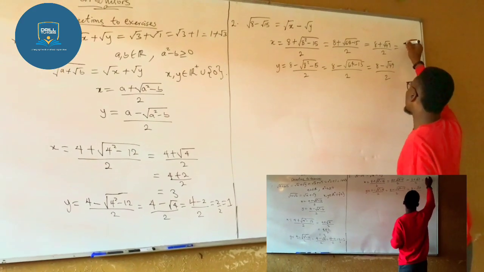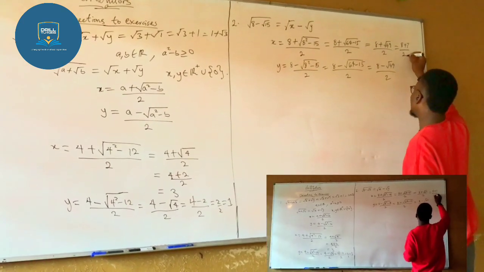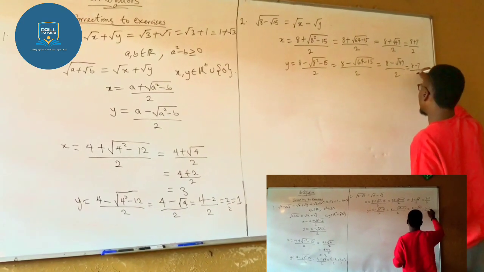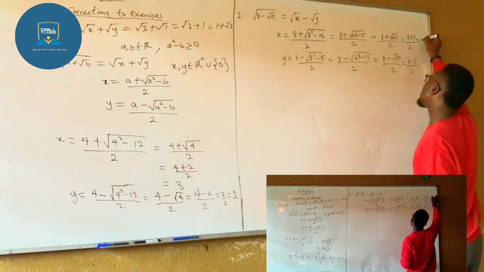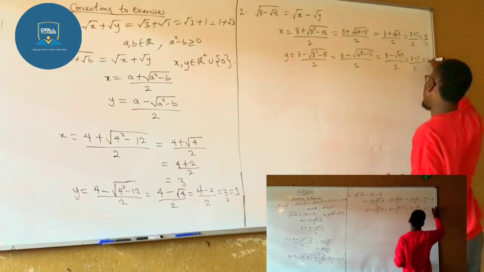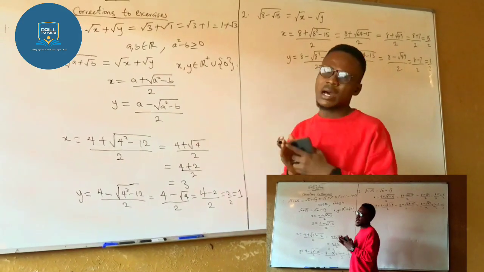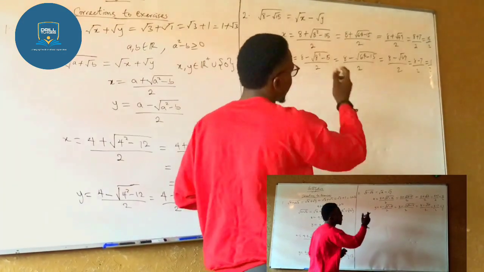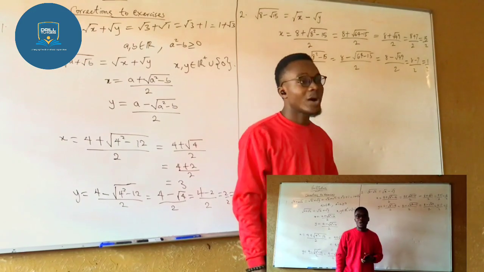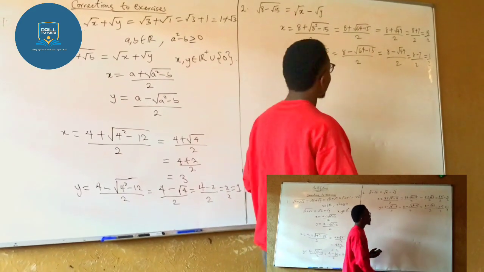This is 8 plus 7 over 2, and this is 8 minus 7 over 2, and this is 15 over 2, and this is 1 over 2. And that is also expressible as 7 and a half.